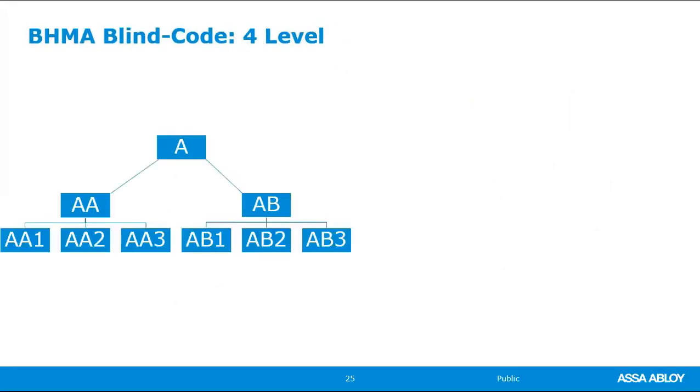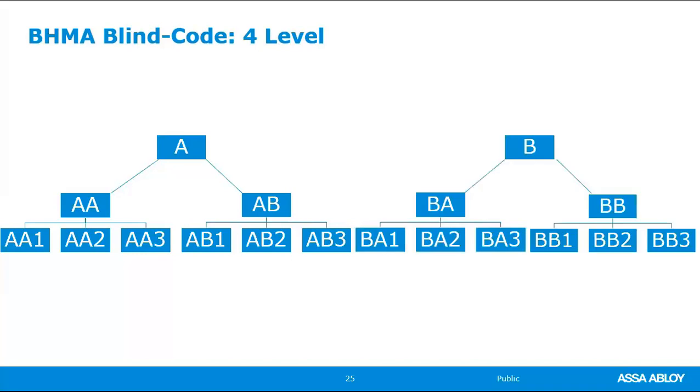Let's take a look at the four-level system. We have a grandmaster key, A. However, we have a grandmaster key, B. We now have two or more of the same systems, which creates a higher level, a GGMK.